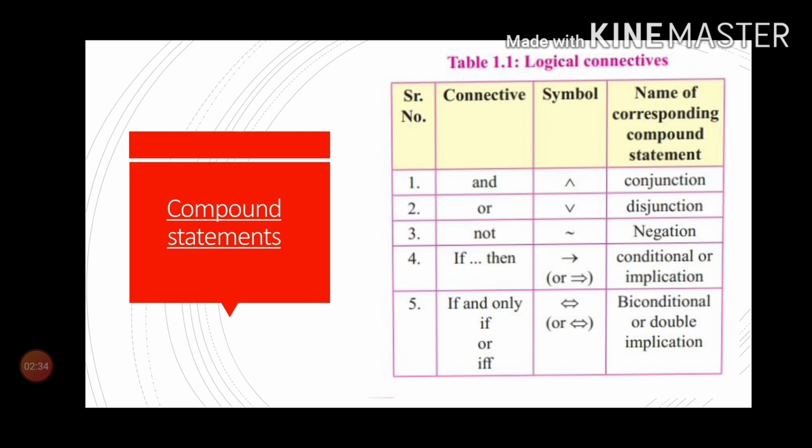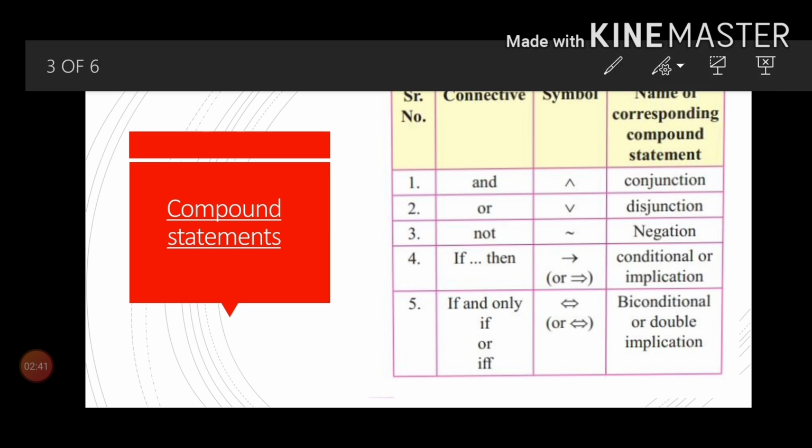The first column is the connective, the second is the symbol, and the third is the name of the corresponding compound statement. First connective is 'and', and its name is conjunction. Second connective is 'or', and its name is disjunction.